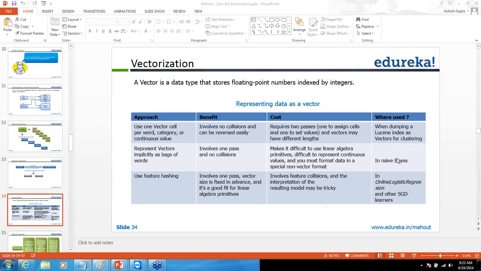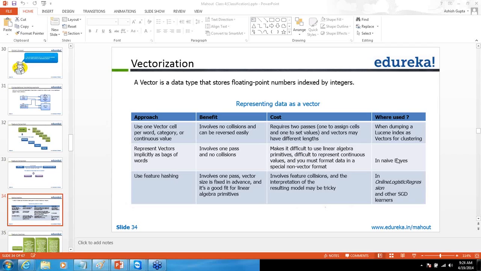And the third approach is using feature hashing. We will see what these three approaches are and how we can do them theoretically, and then I will run an example so that you can see how to create the vector out of your data.